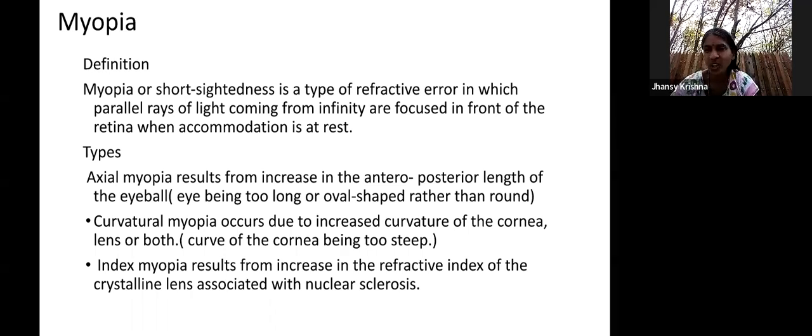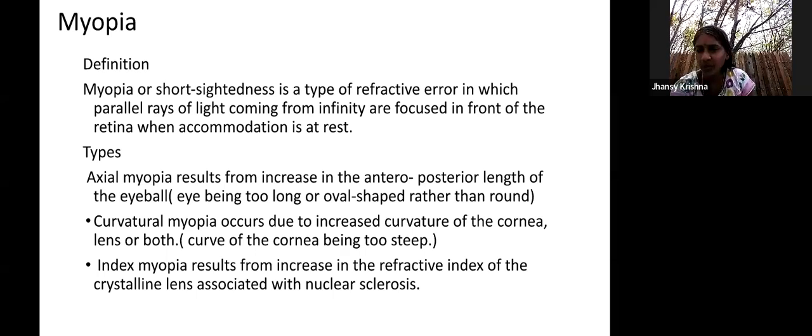Types of myopia include axial myopia, curvature myopia, and index myopia. Axial myopia occurs due to an increase in the anterior posterior length of the eyeball. The normal shape of the eyeball is round, but in myopia it is too long or oval shaped. The second type is curvature myopia.